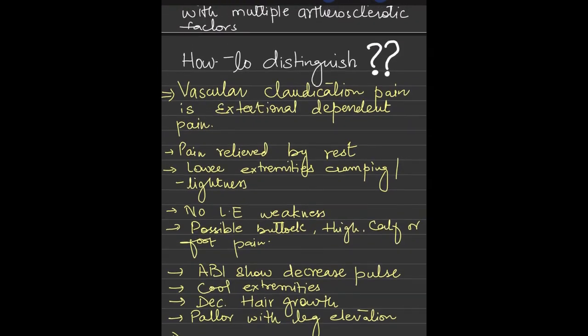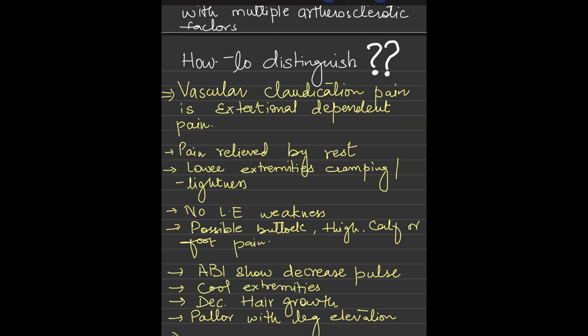Let's talk about vascular a little bit. Vascular claudication pain is an exertion-dependent pain. That means if they do exertional activities, the pain will increase. But the neurogenic is postural dependent pain. Whatever posture they have, the pain will increase or decrease according to that.